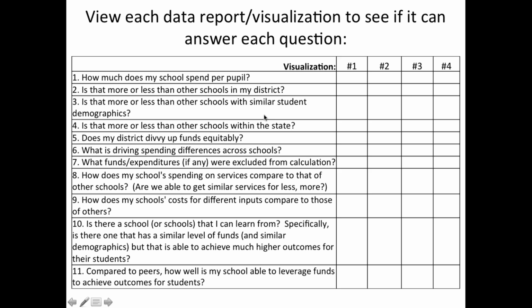Pretty quickly we start saying, if I want to know more, particularly about equity, then I'm going to need stuff around student demographics. Then when you get into 6, 8, 9, you're looking for richer detail on the spending. I need objects, I need functions, things like that. And we get into 10, 11, those are questions about productivity. And then I'm going to need outcomes.